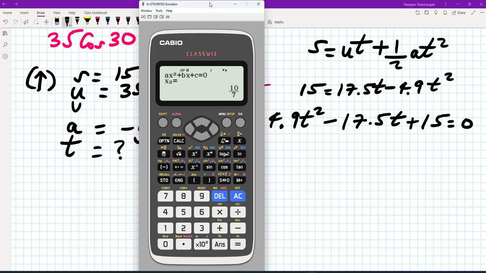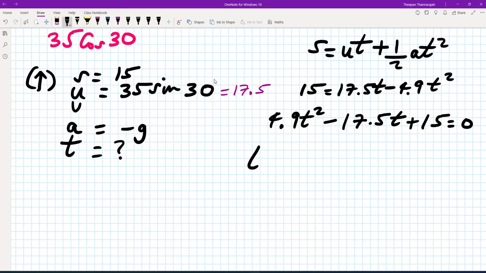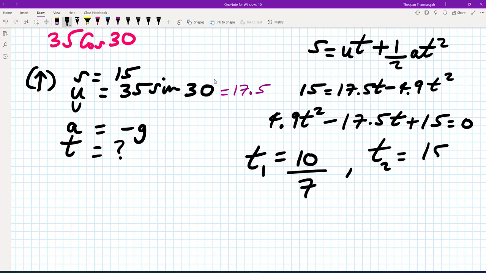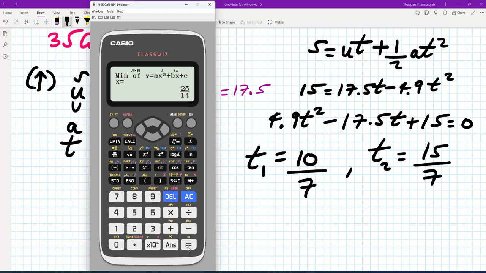So we get 10 over 7 and 15 over 7. I'm going to say T1 is the smaller time point, which is 10 over 7. T2 is 15 over 7. As you can see, we've got those results from our calculator, 15 over 7 and 10 over 7.